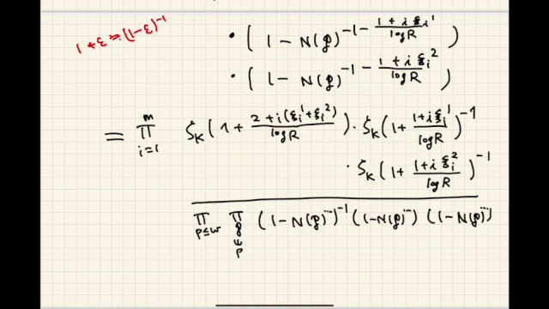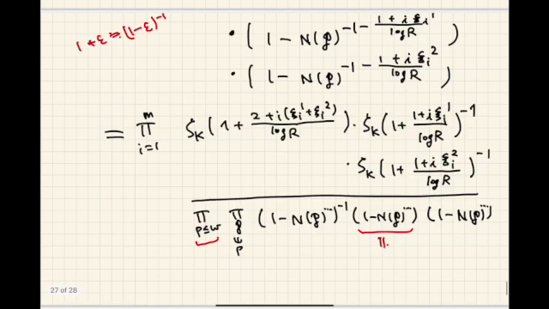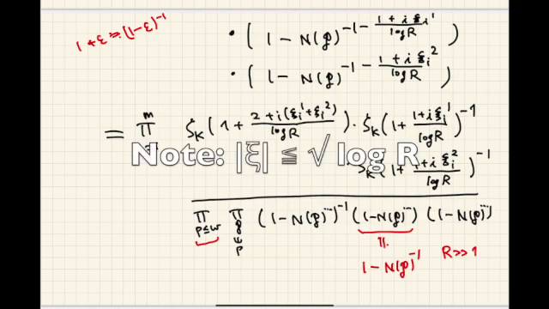And yeah, here in the denominator we are dealing with a finite product, so it turns out that each factor can be approximated by, because R is very large, it can be approximated by 1 minus norm inverse.